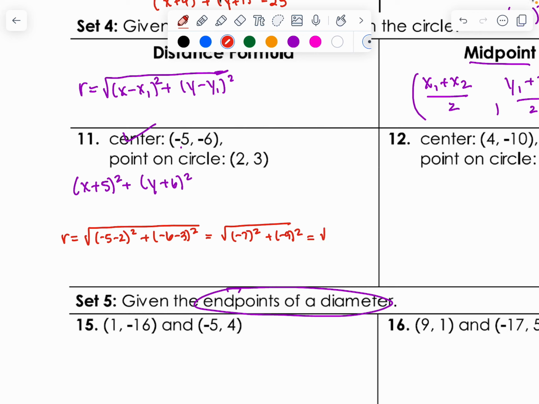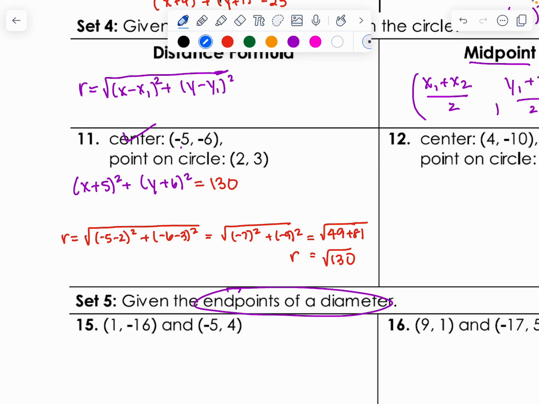So that's going to be the square root of 49 plus 81. And do not take the individual square roots of that, because you cannot do that mathematically. So this is the square root of 130, and that is your radius. So you will need to square it. So this equals 130, not 100, the square root of 130.